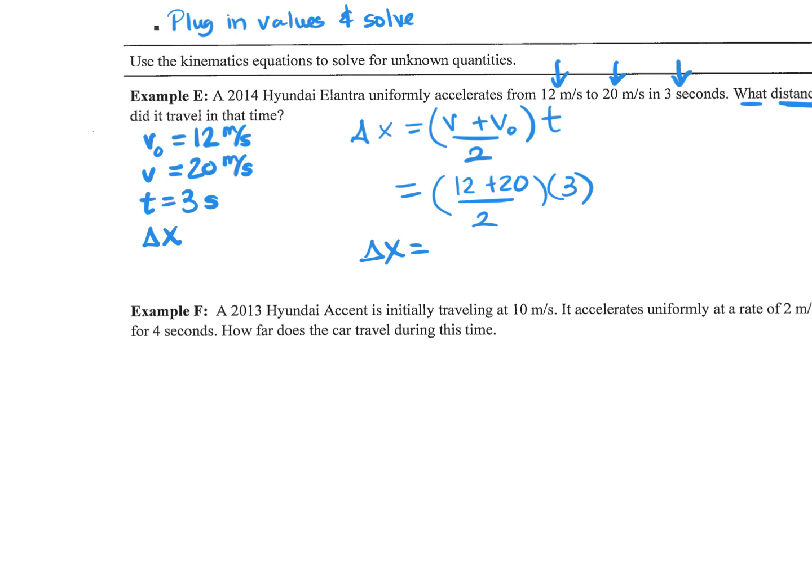So that's 32 divided by 2 is 16, times 3 is 48. 48, and make sure you use units, meters. Our units in physics are meters, kilograms, seconds.